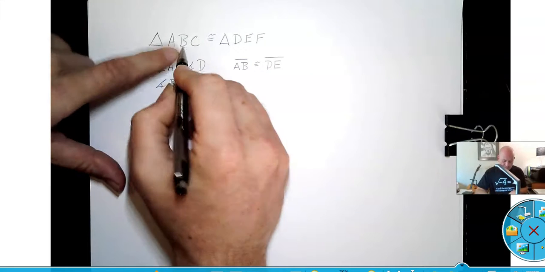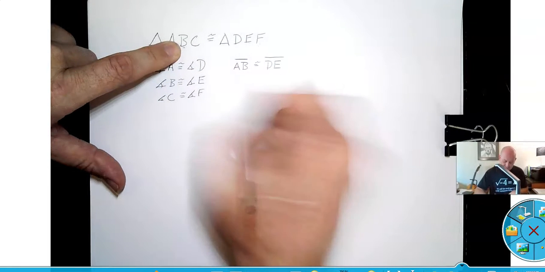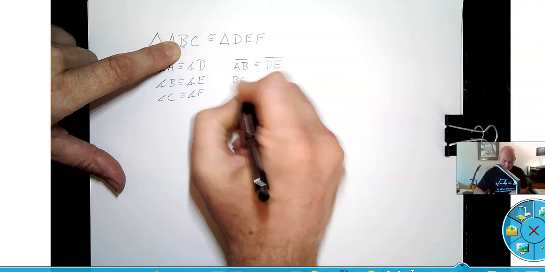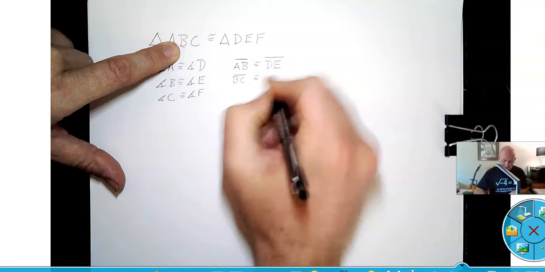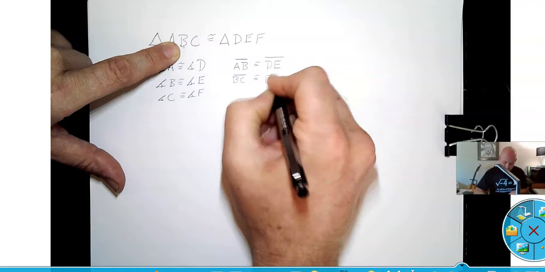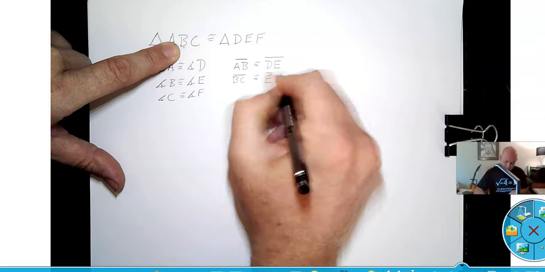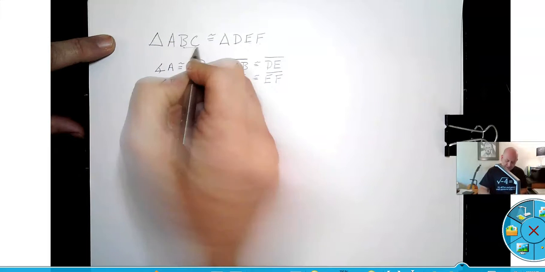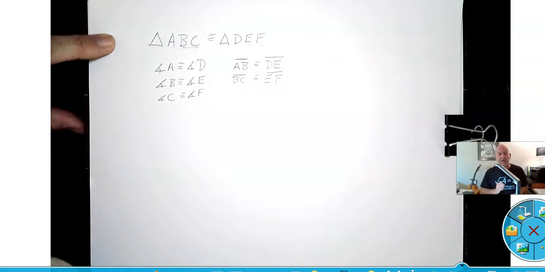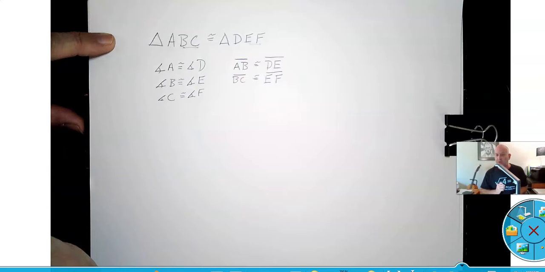And then we can also look at BC and EF, right? BC has to be congruent to EF, and it's because B and C are together and E and F are together. So you can actually read all these corresponding parts.